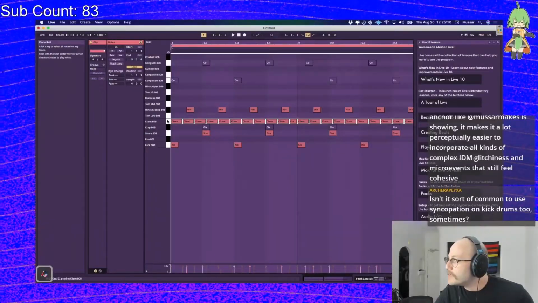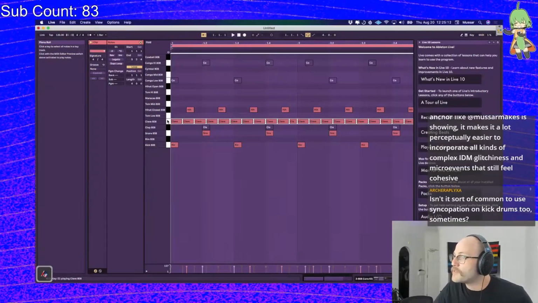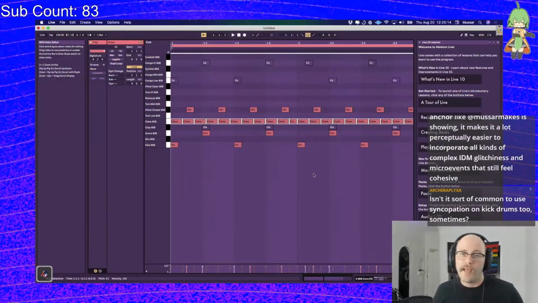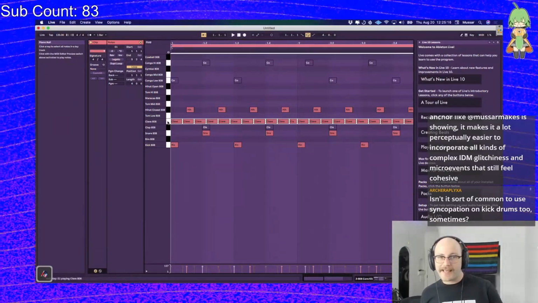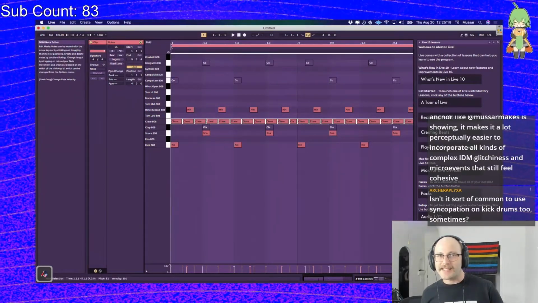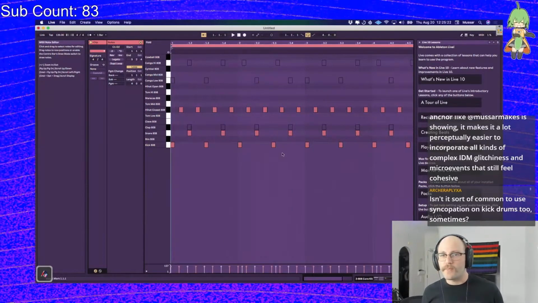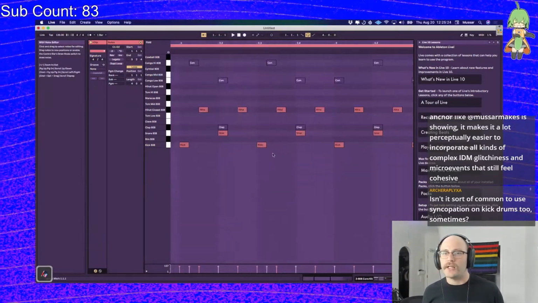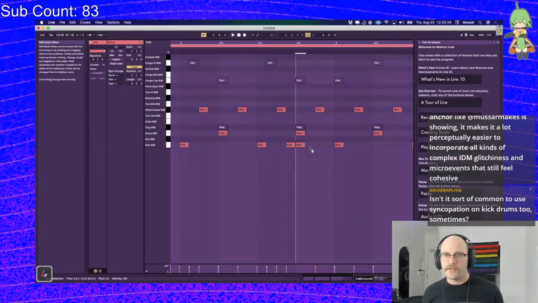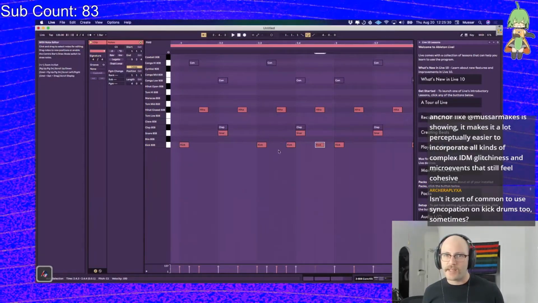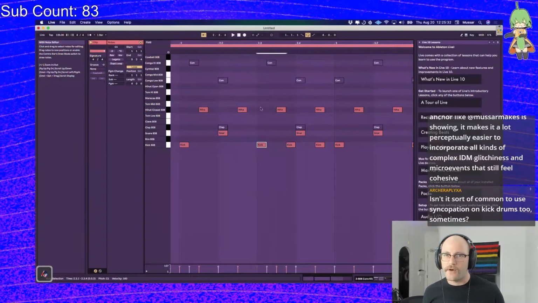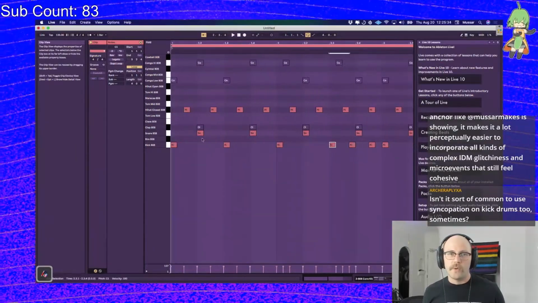Isn't it sort of common to use syncopation on kick drums sometimes? Yes. And we'll get to that by taking this exact idea, this dotted 16th note, and I'm going to turn this rhythm into a Jersey club rhythm. I'm actually going to be using dotted 8th notes, I think. Yeah, I'm going to be doing a dotted 8th note for this, but you can find it with dotted 16ths.